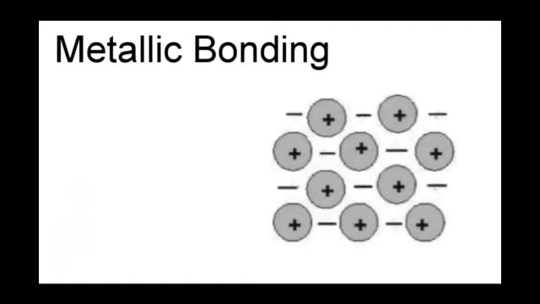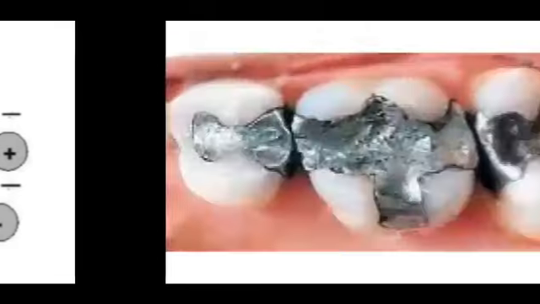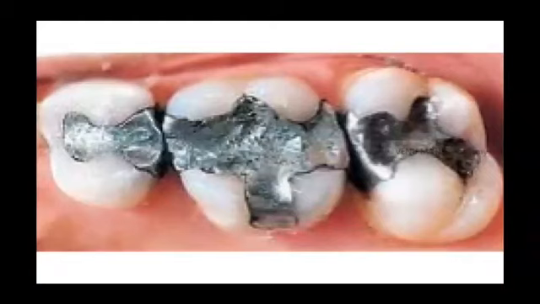Metal ions will be positively charged and electrons are negatively charged. Between positive and negative charges, electrostatic force of attraction will be there. Due to this force of attraction, the alloy will be formed. For example, silver tin amalgam is used for dental filling.